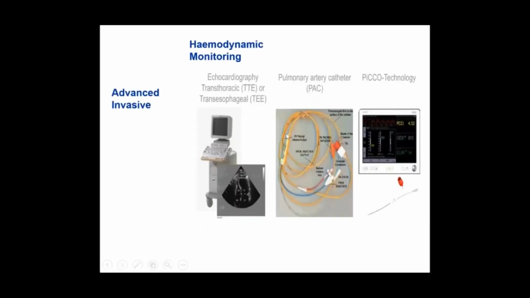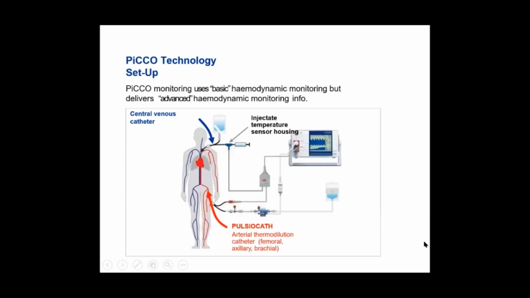So these are some advanced tools which we use: echocardiography, pulmonary artery catheter, PICCO technology. The PICCO technology setup uses the basic hemodynamic monitoring but delivers advanced hemodynamic monitoring information. What we require here is a central venous catheter, right? And with a port for an injected temperature sensor housing.